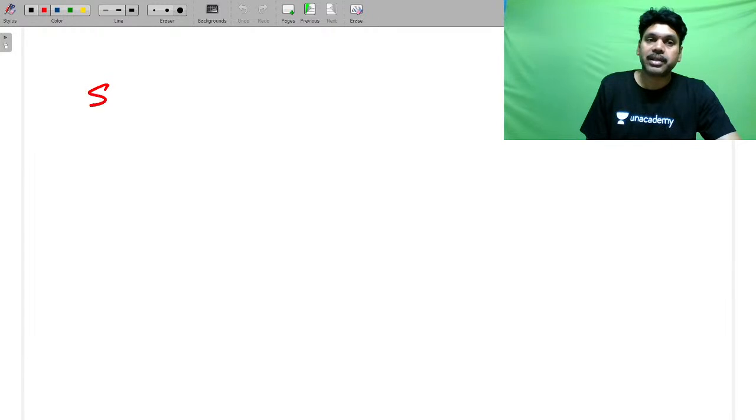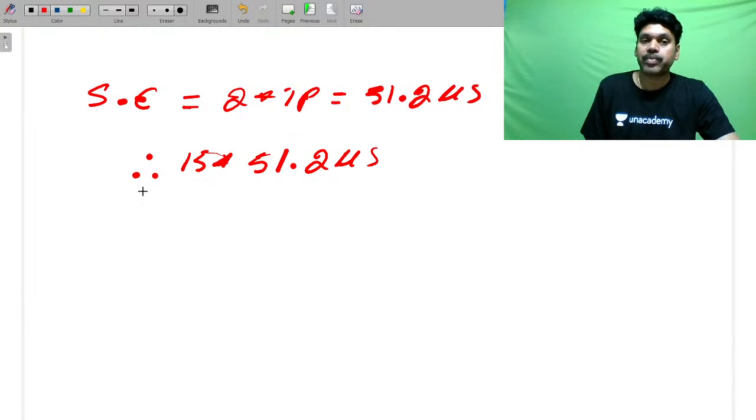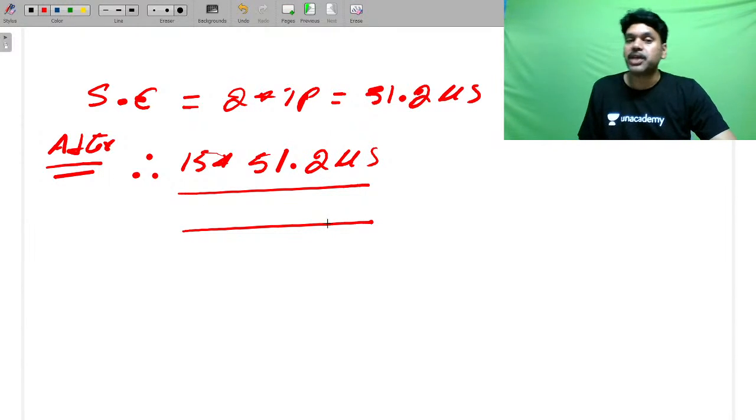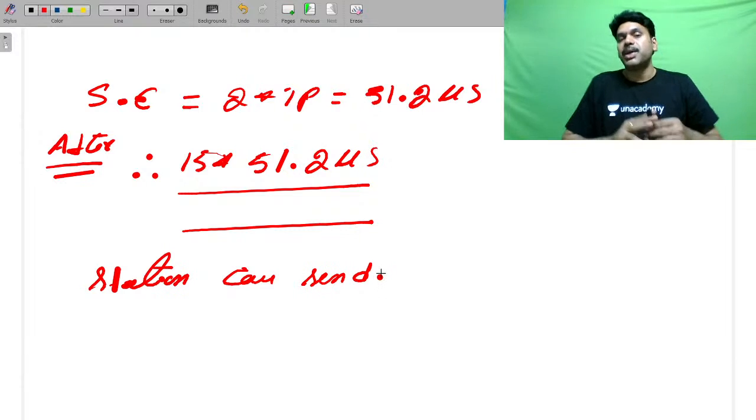According to standard Ethernet, 2 into TP is equal to 51.2 microseconds. Therefore, your next attempt is after 15 into 51.2 microseconds. After that, the station can send. That's it, my dear friends.